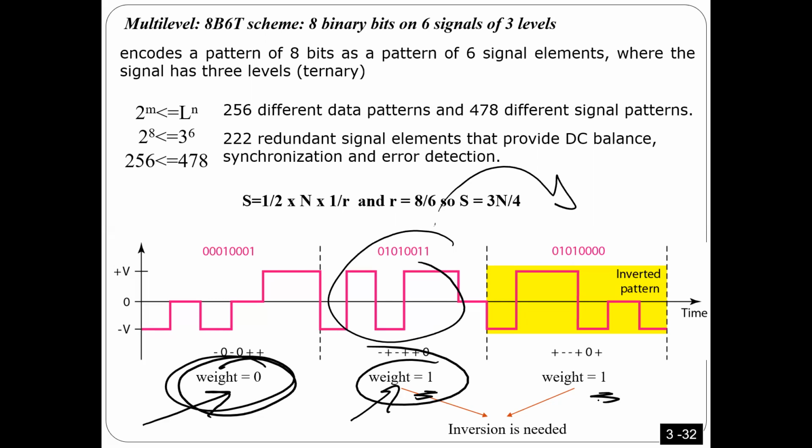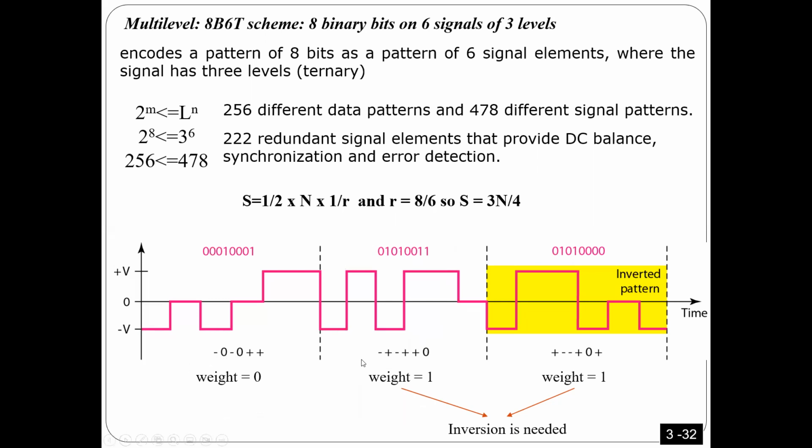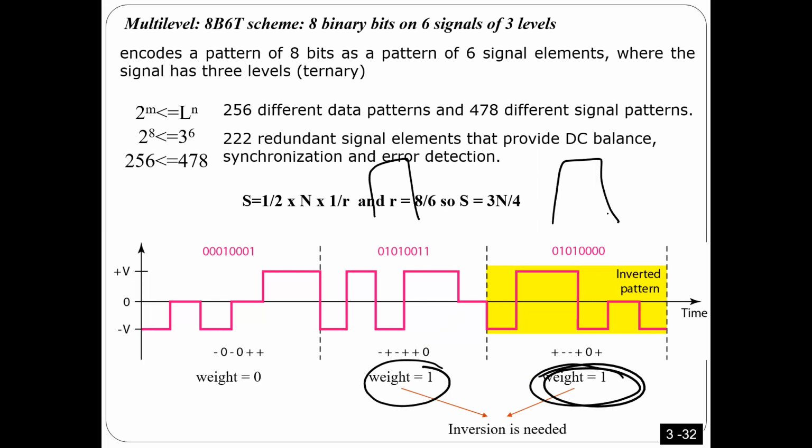So I'm going to do something interesting. If this happens, I'm going to do an enhancement right now. What is the enhancement? If I find two consecutive signals where the weight of this one is 1 and the weight of this one is 1, why is this bad? It's bad because you have 1 positive more, 1 positive more, so positive is starting to dominate.